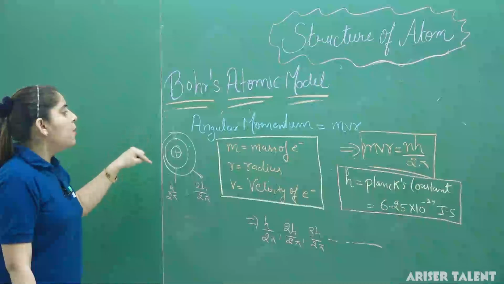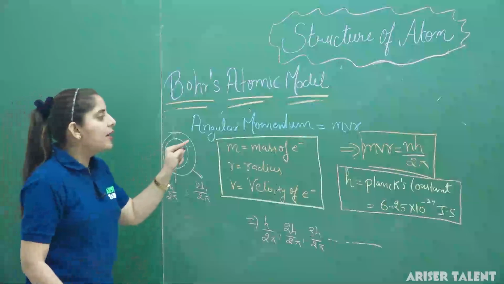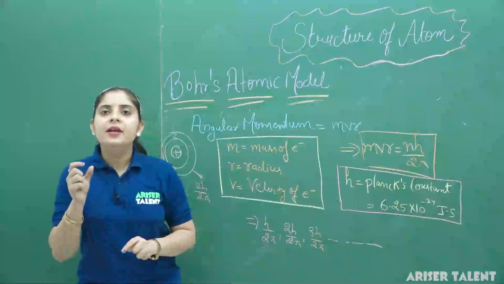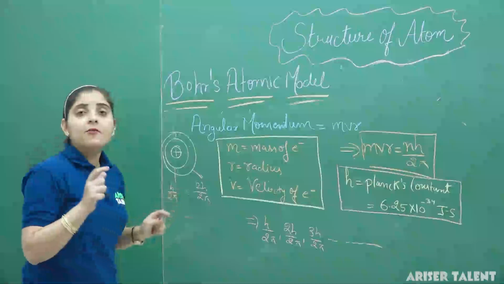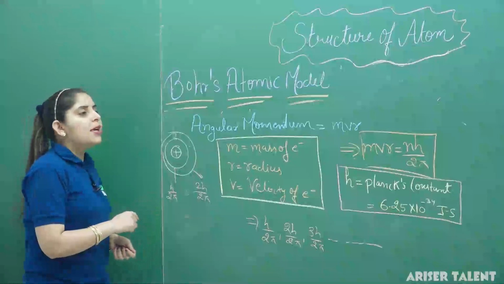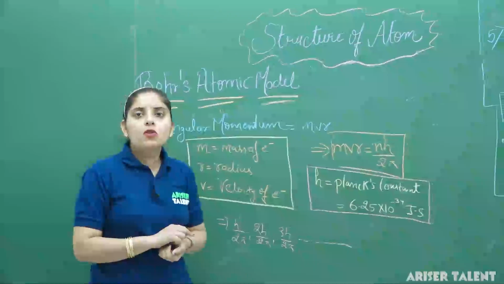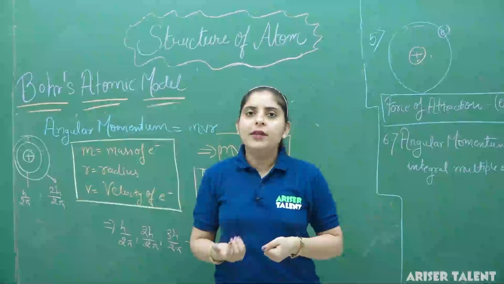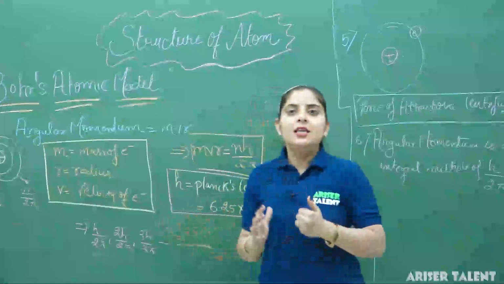So the angular momentum of an electron will be an integral multiple of nh upon 2 pi. Its value will be an integral multiple, not a fractional multiple. These are the basic postulates of the Bohr's atomic model, which are accepted worldwide, and no other theory came after this to discard these points.